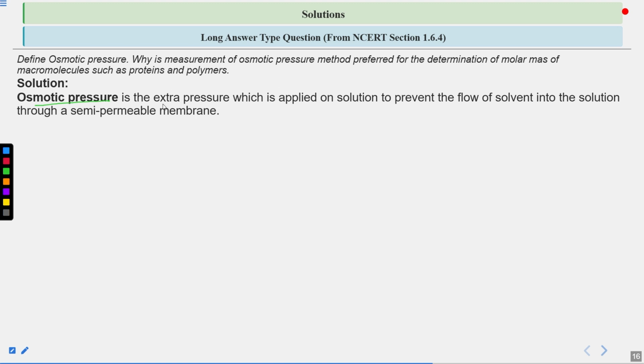Osmotic pressure is the minimum extra pressure which is applied on the solution to prevent the net inward flow of the pure solvent into the solution through a semipermeable membrane. That pressure is osmotic pressure. So this is the definition of osmotic pressure. Now the answer to our second question.